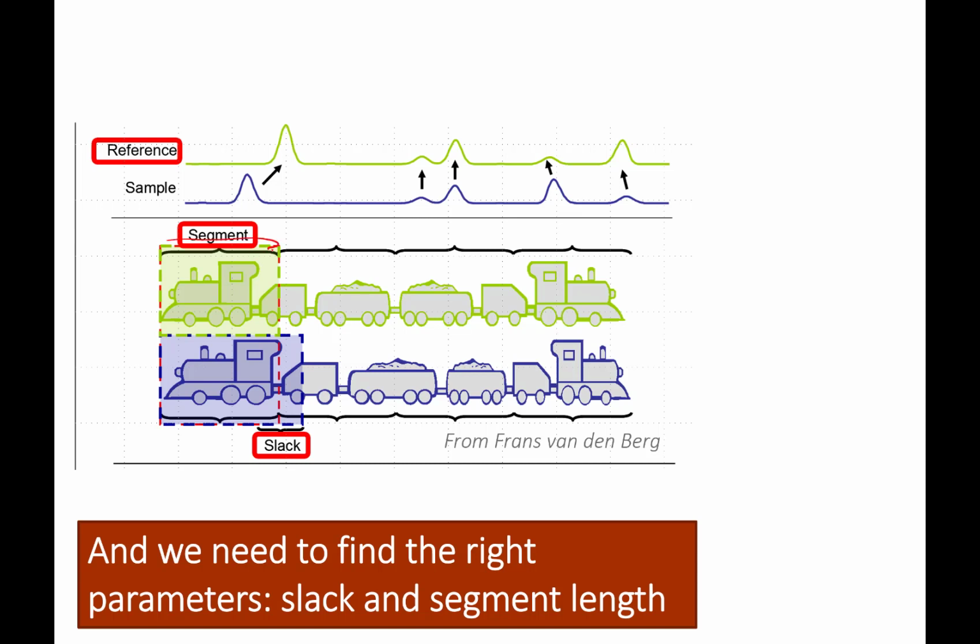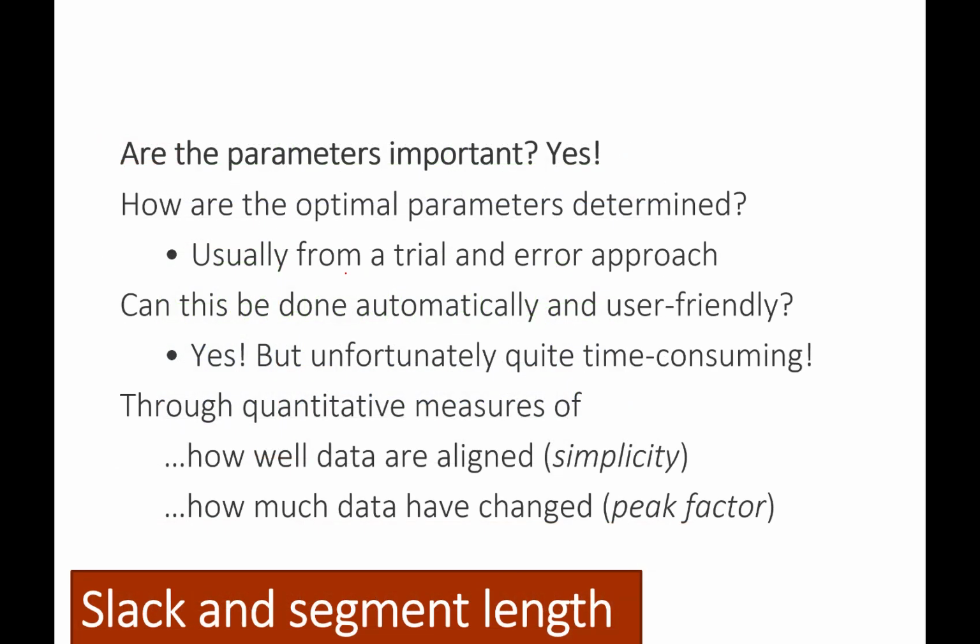We have to find a segment that will do fairly well on our data without destroying the shape. And for that we define the segment, but we also define how much the segments can sort of move freely. That's the slack. How much am I allowed to stretch a segment? And again, the more I can stretch it, the more I can adjust my signals. These parameters are fairly important, so you typically have to sit and play around with those quite a bit. You can use some intuition, but you have to typically play around a little bit.